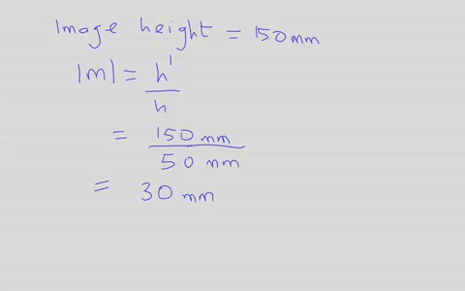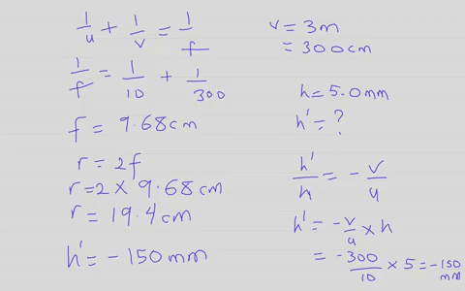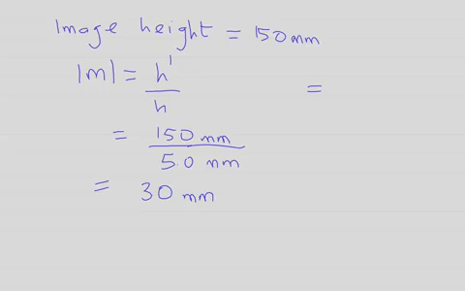Now, if I decide to use the minus sign, or I use image distance and object distance, what we're going to get is that M is equal to minus V over U.